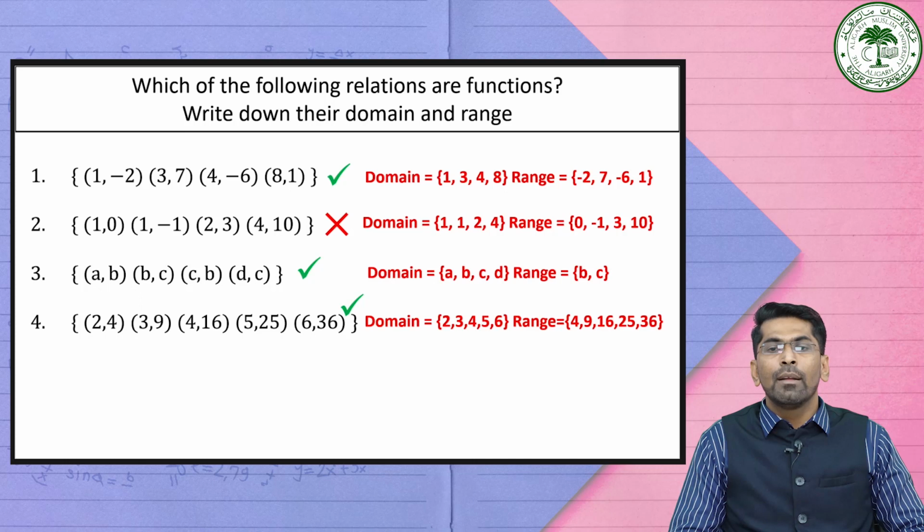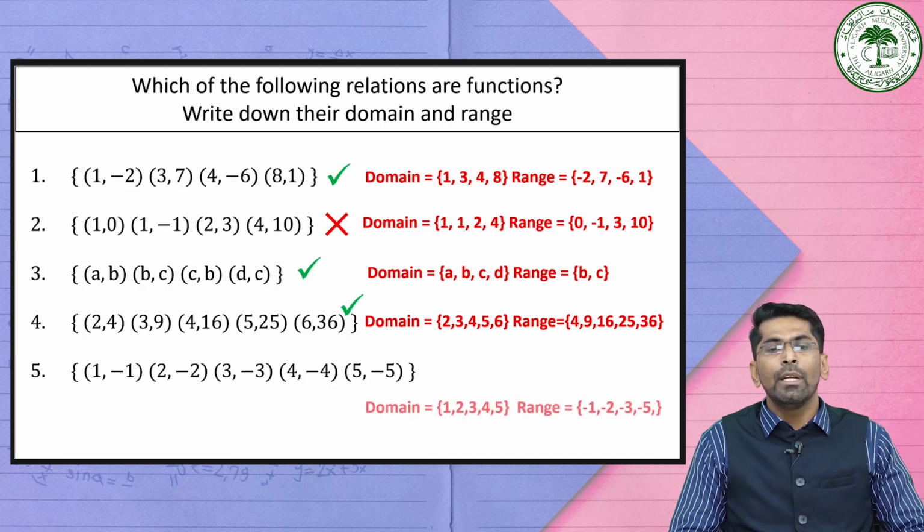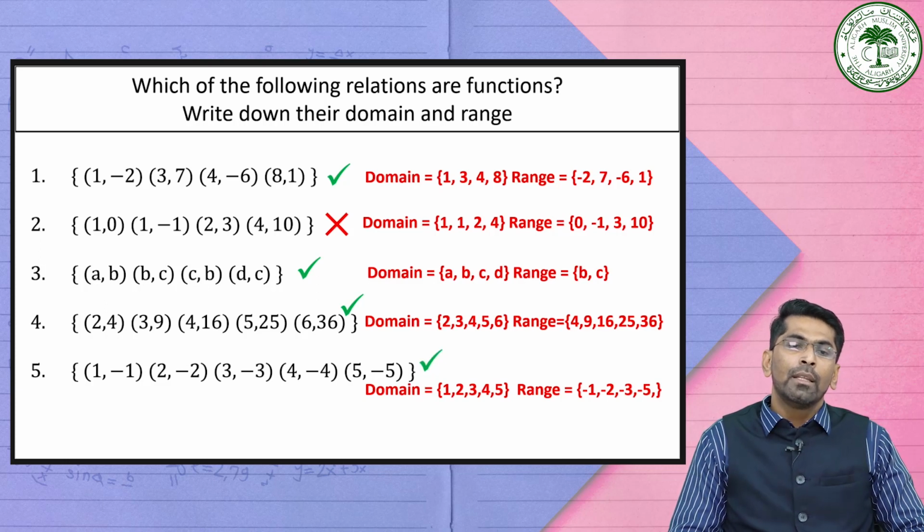Now the fifth one: (1,-1), (2,-2), (3,-3), (4,-4), (5,-5). We can write the domain as 1, 2, 3, 4, 5 and the range as -1, -2, -3, -4, -5. What about this? This is also considered a function because the domain is not repeated.